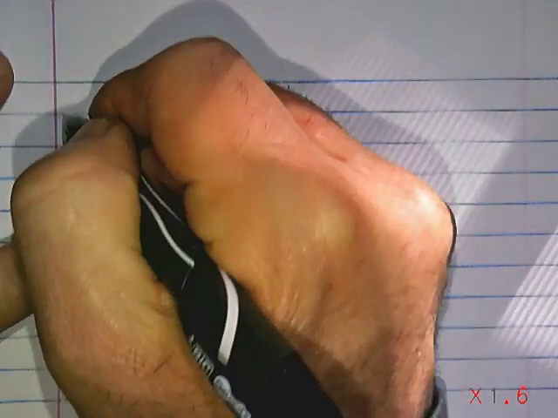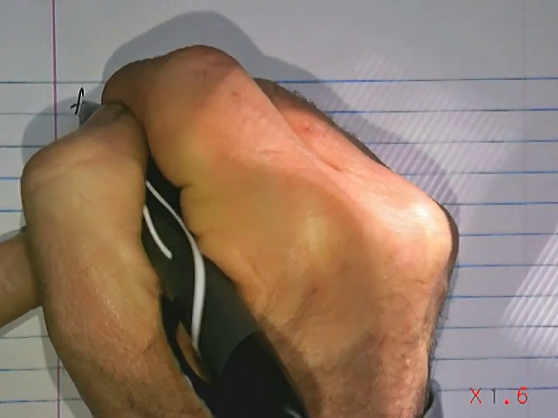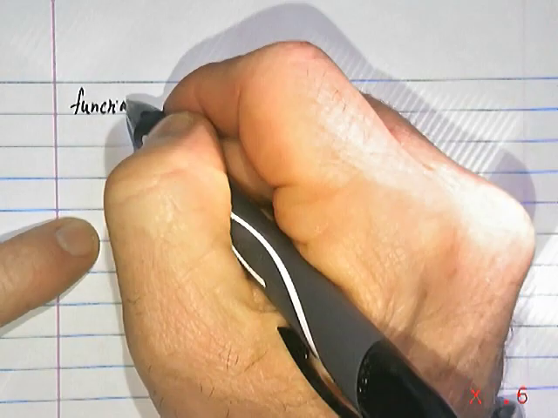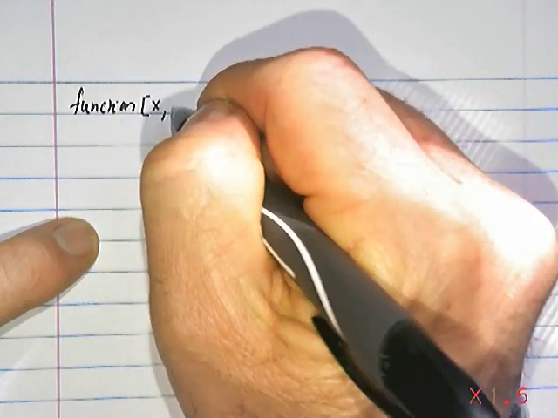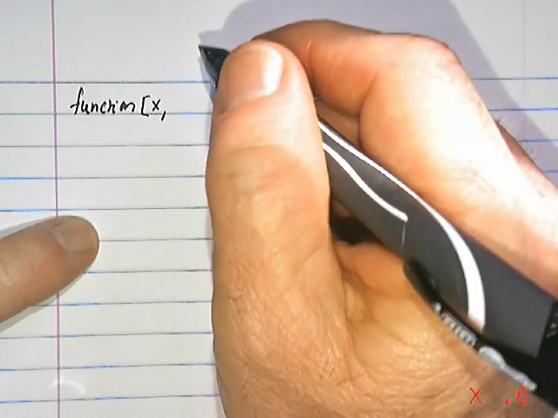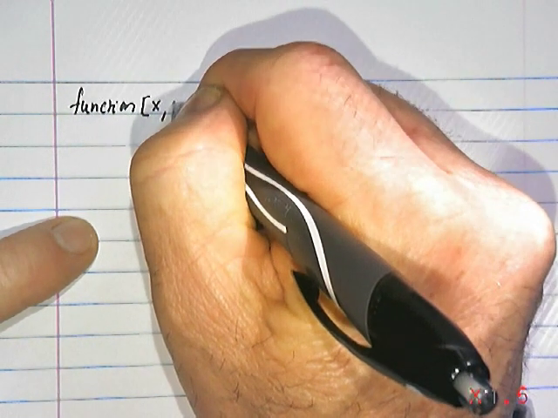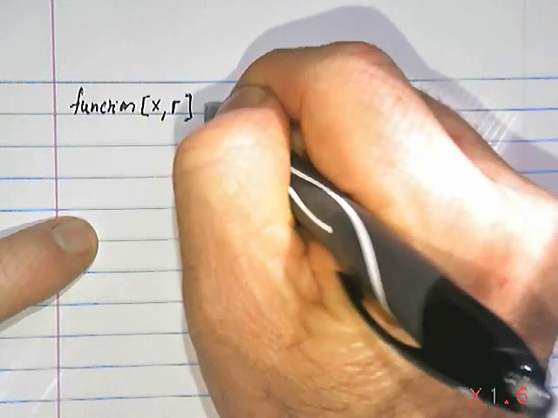So in MATLAB, we might say we're declaring a function which will take an initial guess, and the output would be our approximate solution and the residual using that.